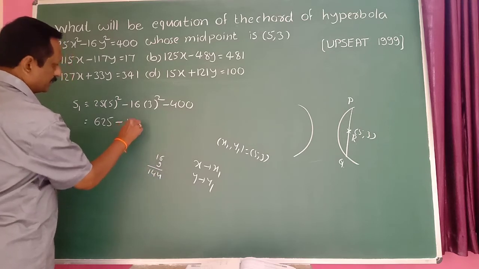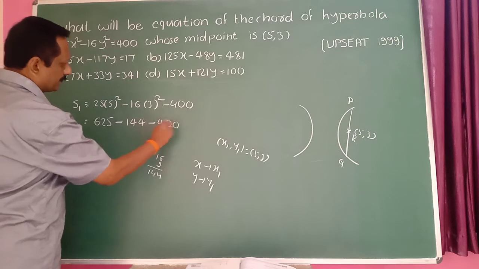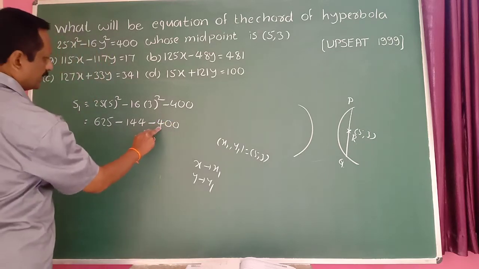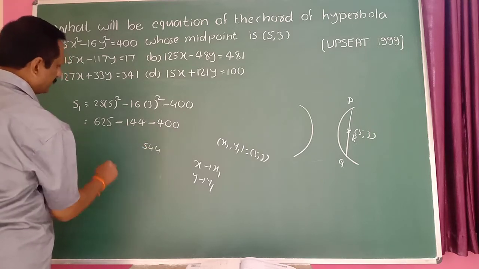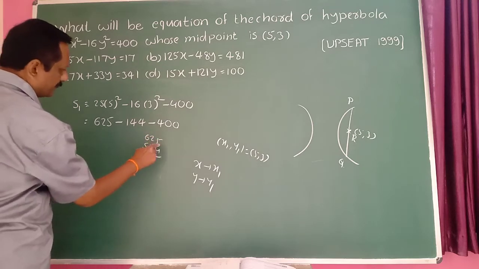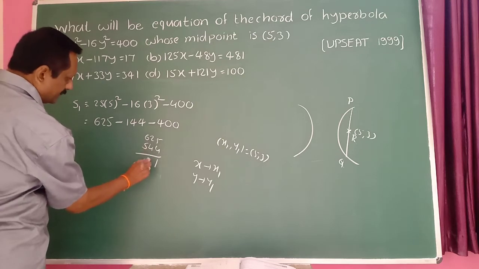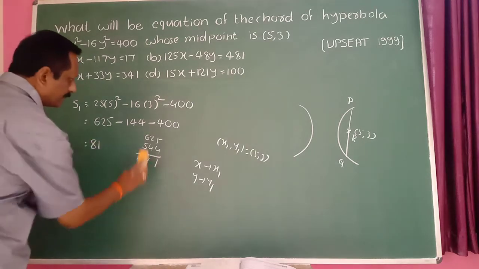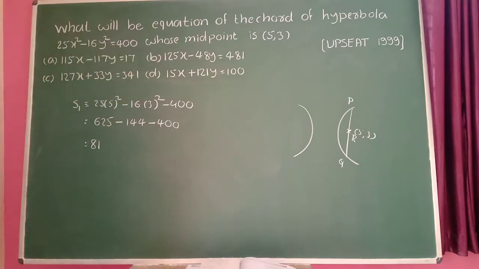So 144 minus 400, and 400 plus 144 gives 544. Then 625 minus 544 gives 81. So this is S1.